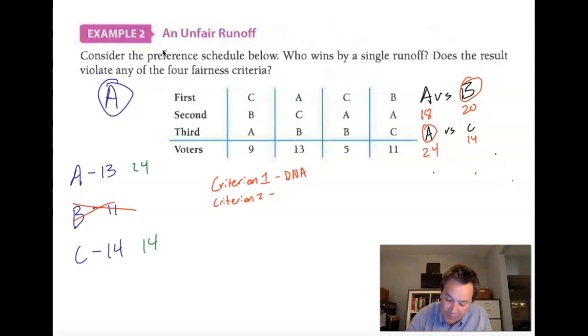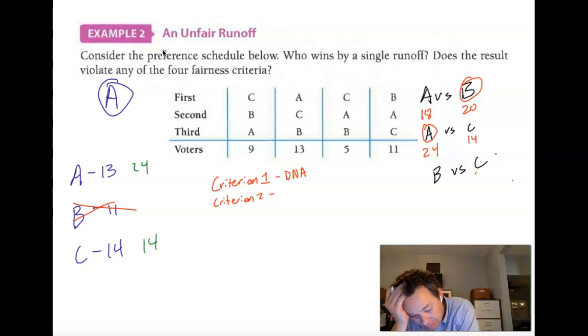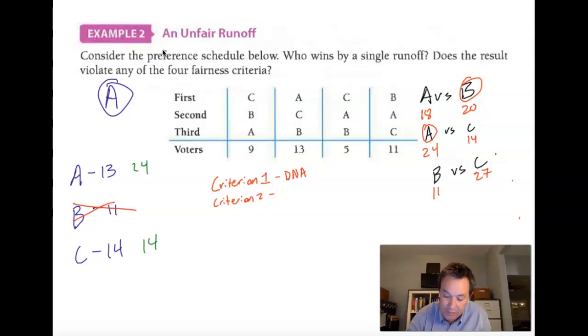And then B versus C. Column 1, C wins. Column 2, C wins. Column 3, C wins. Column 4, B wins. So that's going to be 27 to 11, and C wins that one. Oops. So nobody wins all of their matches. So criterion 2 also does not apply.